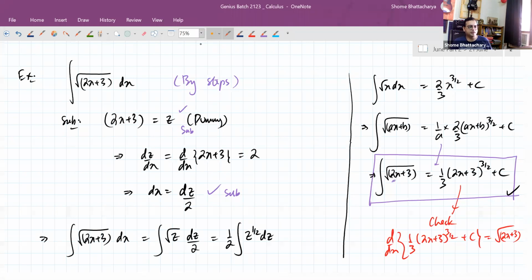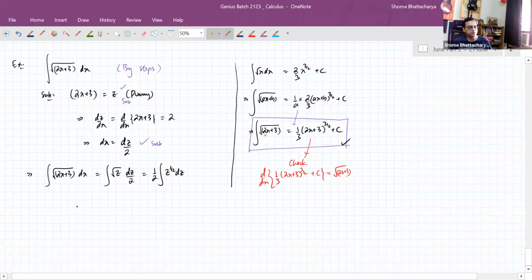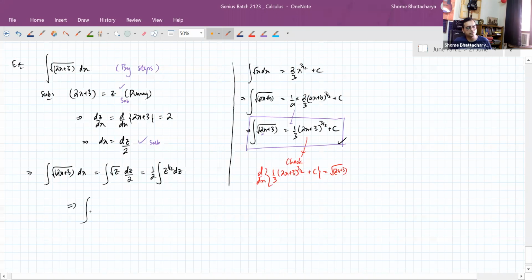The next step is we execute the integration: 1 by 2 into z to the power half plus 1 upon half plus 1, plus whatever constant of integration. So 1 by 2 into 2 by 3 is z to the power 3 by 2 divided by 3 plus c.